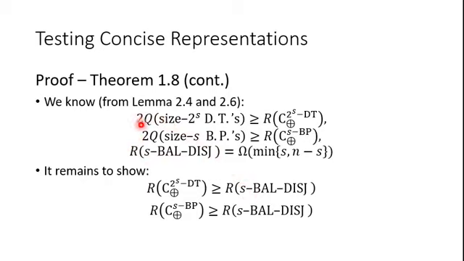For example, twice the query complexity of size 2 to the s decision trees is at least as costly as the minimum communication cost for the corresponding communication game we just defined for 2 to the s size decision trees. So it remains to link somehow between this communication complexity and these as well. We basically want to show these relationships hold, and then we get lower bounds for these two.